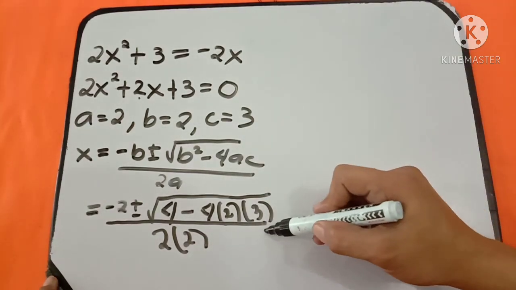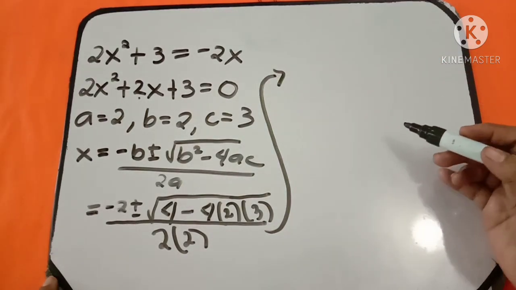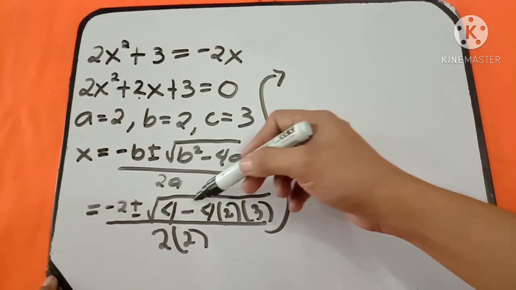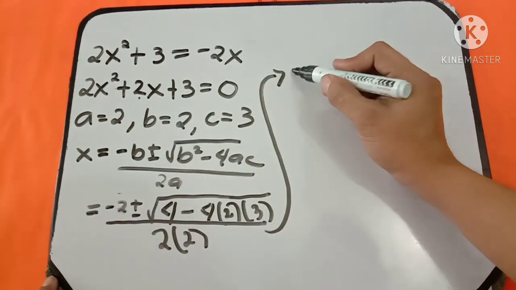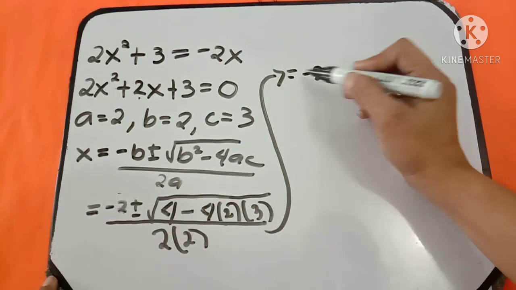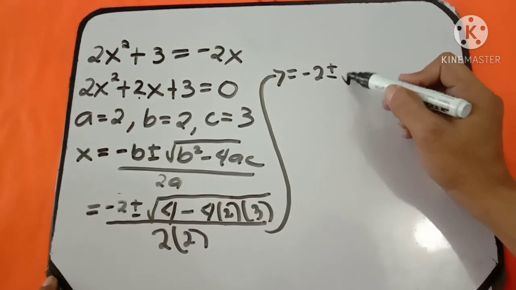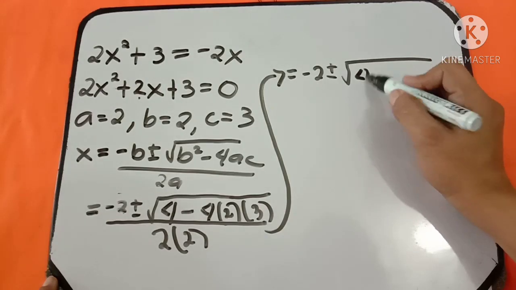So I will continue the process into this portion. So again, we have to evaluate first the terms inside the radical sign. So we have to copy this term. So we have here negative 2, then positive negative, the radical sign, then copy 4.